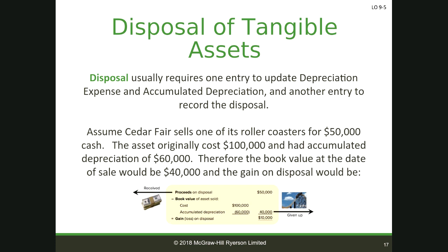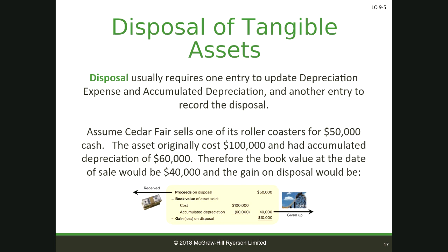So the key to recording a disposal of a tangible asset is that you should always first update the depreciation expense to the date of disposition of the asset, okay? Because let's say a company has a December 31st year end, and it disposes of an asset on July 1st, 2020.